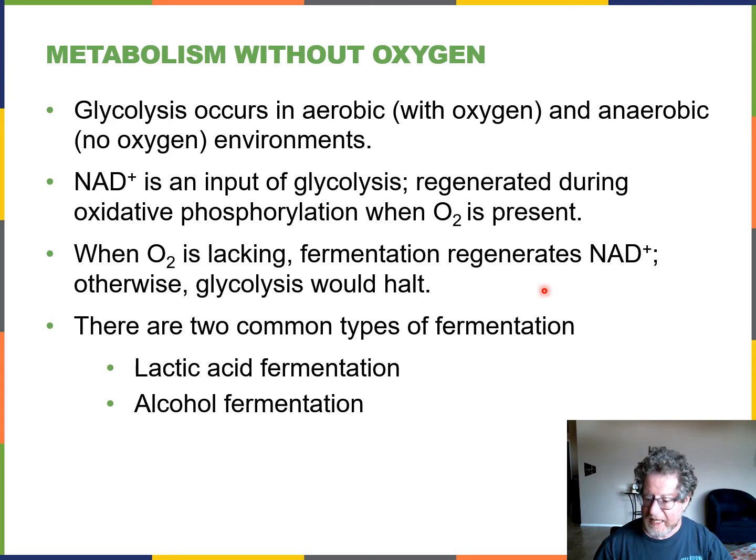Okay, the early atmosphere on Earth had no oxygen, and yet the early cells made ATP. Is it possible to make ATP without oxygen? Yes, it is, and it's done through a process called fermentation. Animals do it through lactic acid fermentation, and yeast and some other organisms do it through alcohol fermentation.